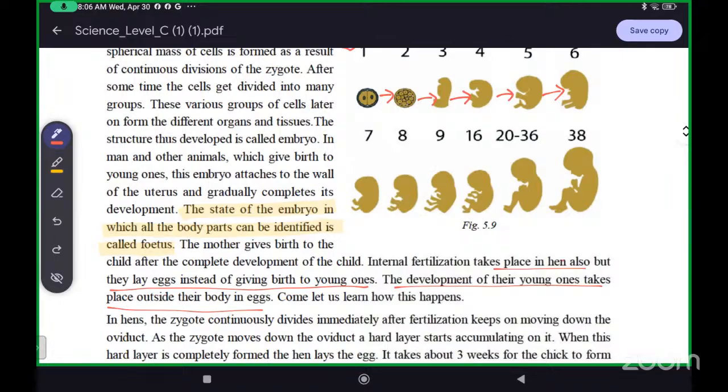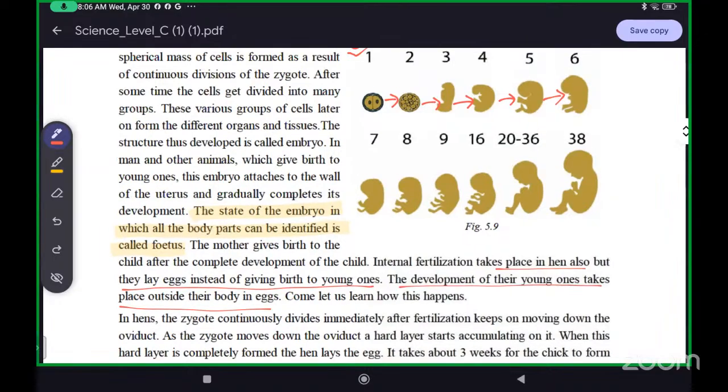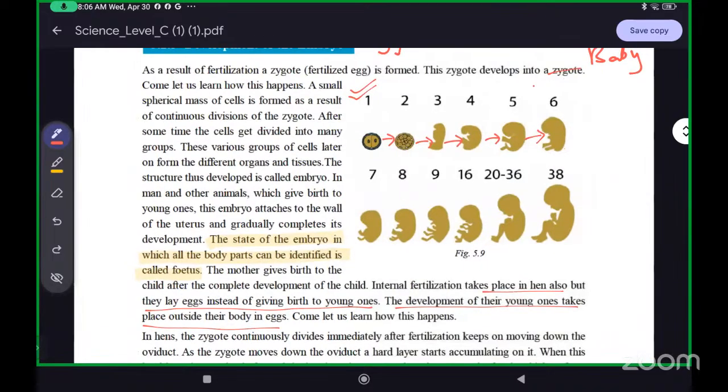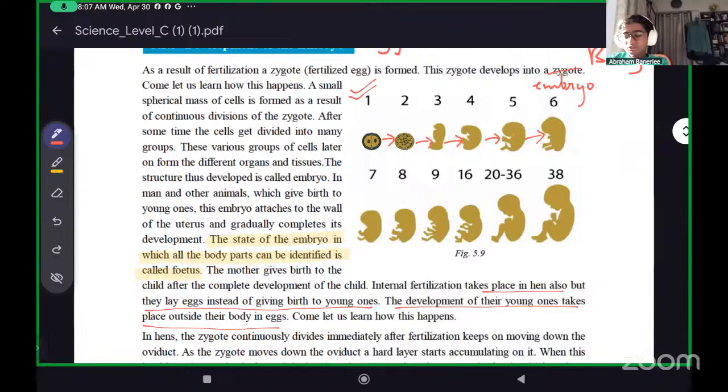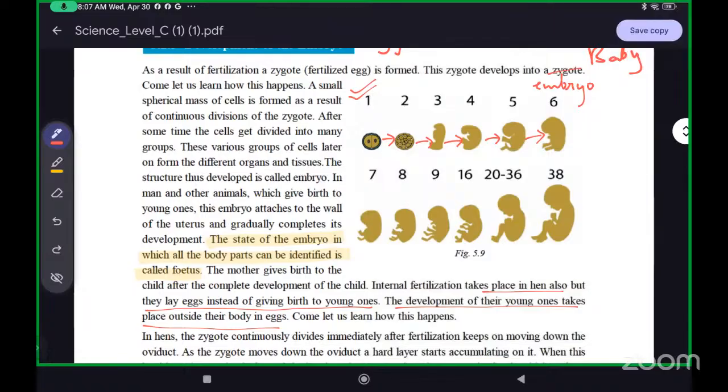Zygote develops into an embryo, embryo develops into a fetus, and fetus develops into the baby. Yes, the book has quite a lot of mistakes.